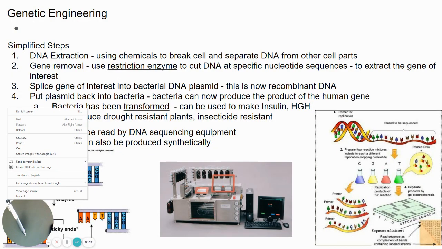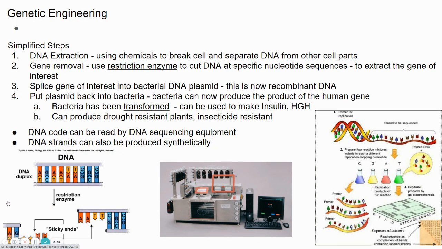So what we're going to talk about is kind of like the broad category of what we're talking about here at the end of our notes, which is genetic engineering. You could think of genetic engineering as a bunch of different things that can be done to alter the genes of an organism, to alter the DNA of an organism.